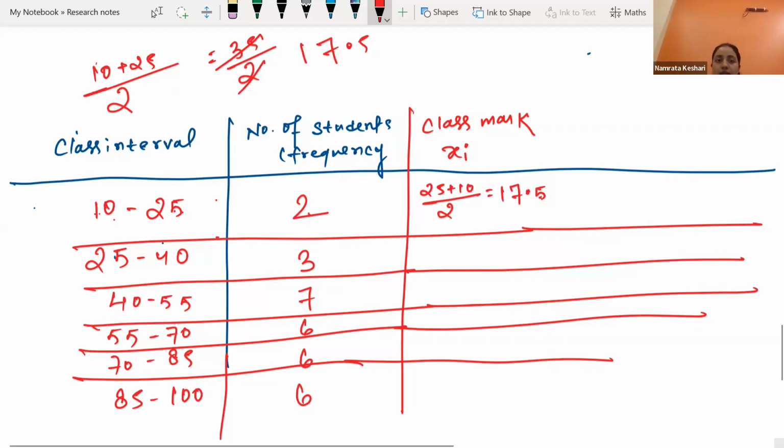Yes, are you getting it? Yes, ma'am. Okay. Similarly, 25 plus 40 by 2. Please do the simplification and tell me quickly what will be there in the table.